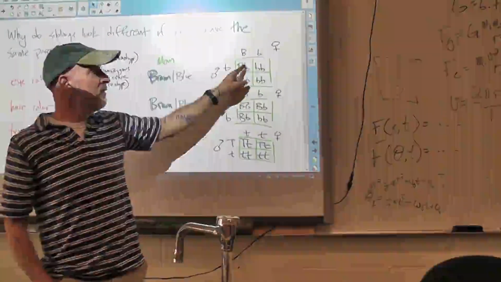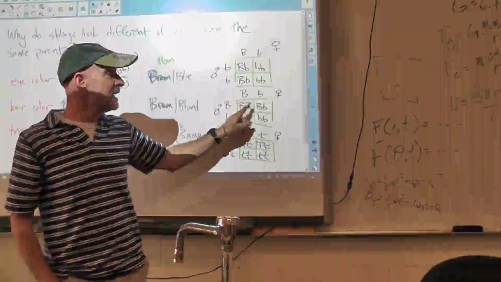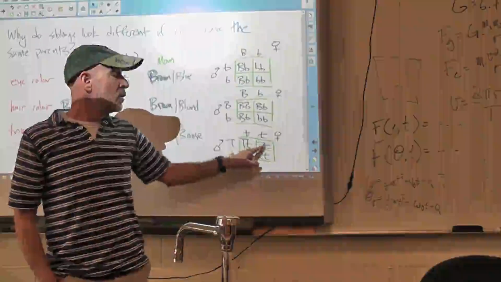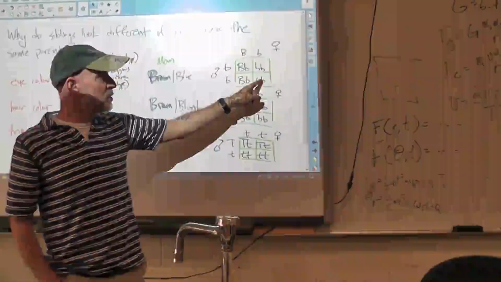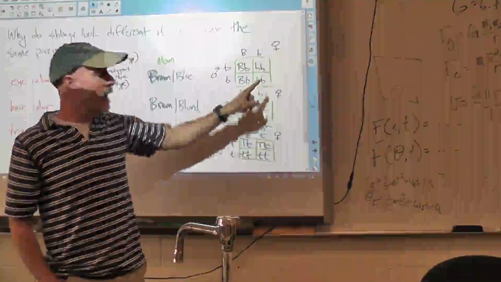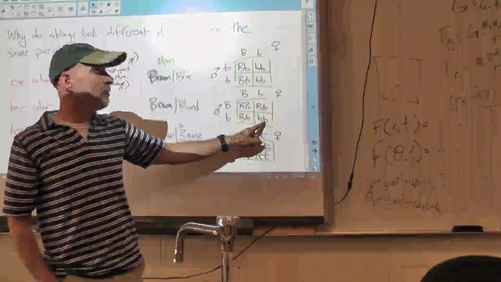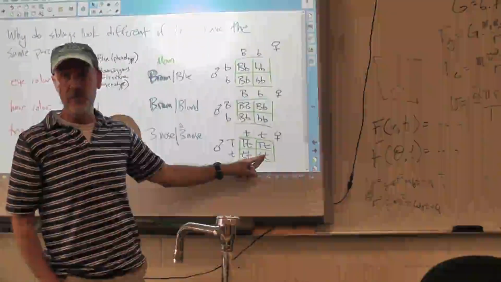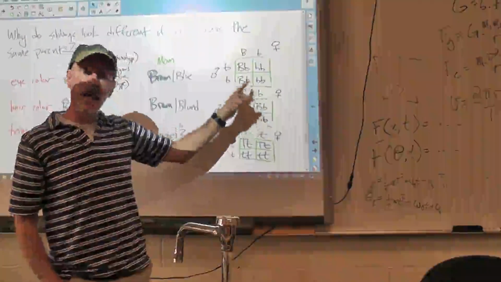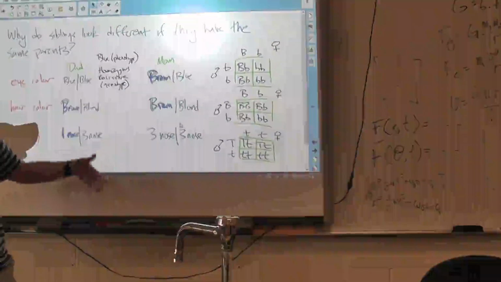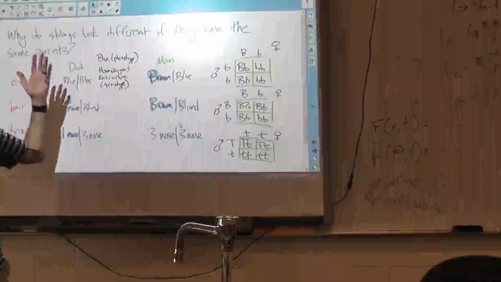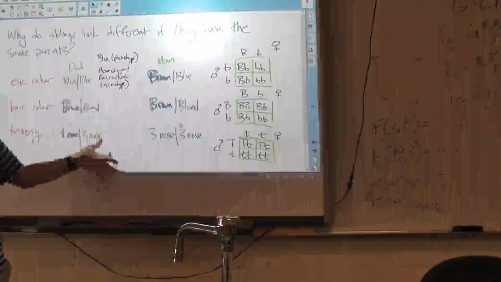So there's a 25% chance of landing in any one of these squares, which means one child could get this square, be recessive for eye color, recessive for hair color, recessive for trinosy. We could have a blonde-haired, blue-eyed, tri-nosed child. Neither parent is blonde-haired, blue-eyed, and three-nosed.